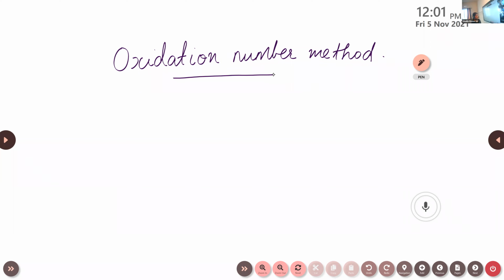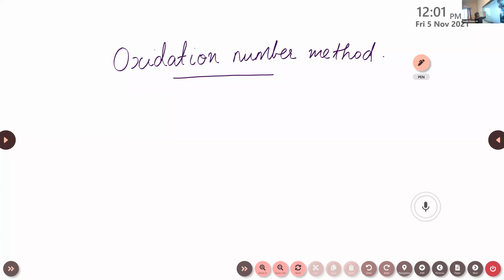So here there are 5 steps to balance the chemical equation. Okay, 5 steps to balance this chemical redox reaction. So first we can write a question, and through this question we can solve this balancing. Okay.